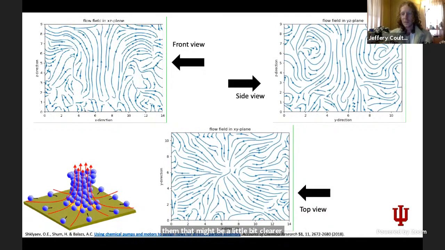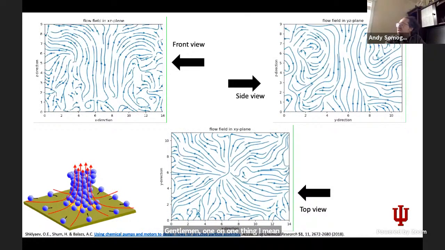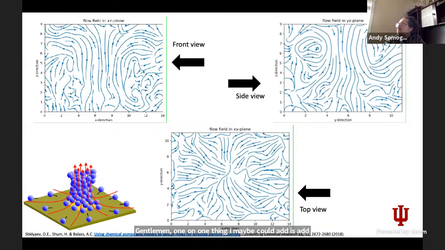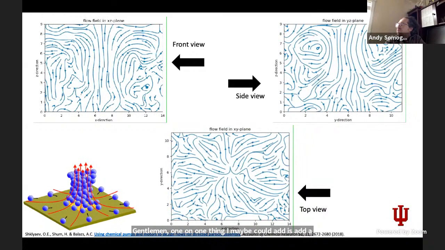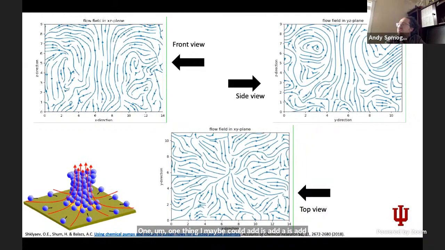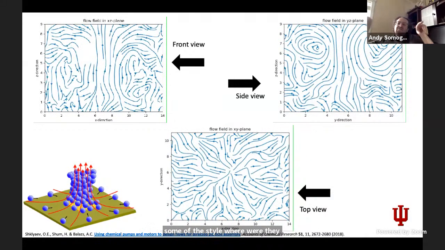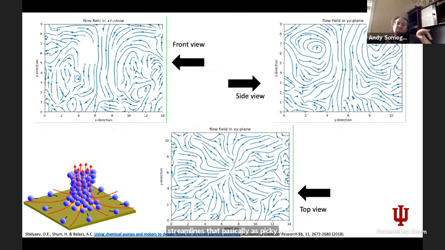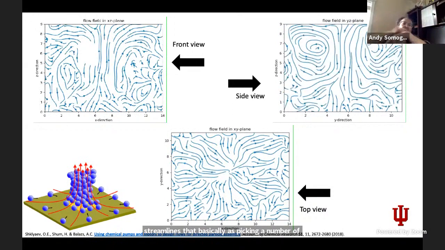One thing I maybe could add to the style is picking a number of objects and having them trace their trajectories as they go through the domain.